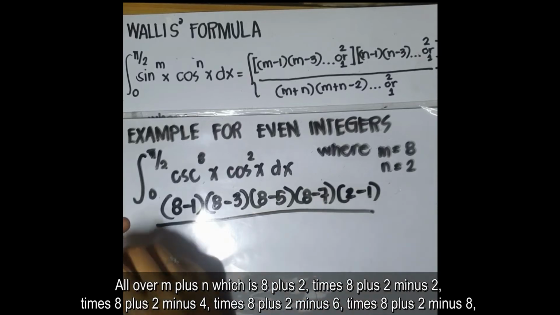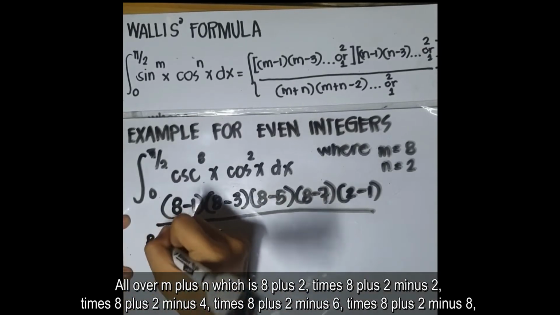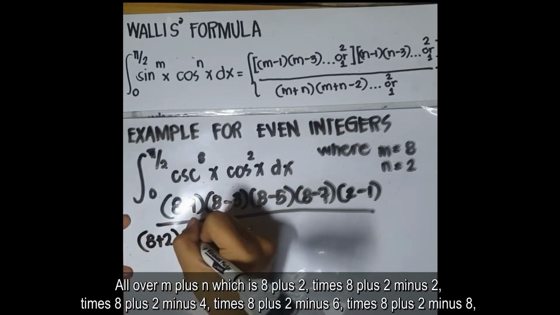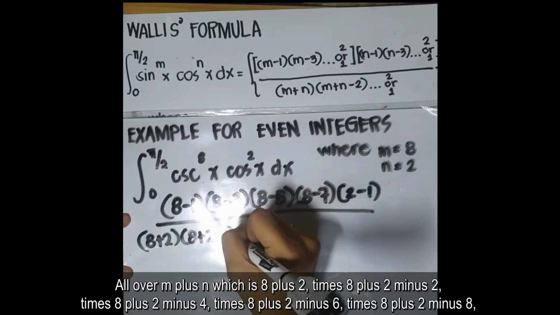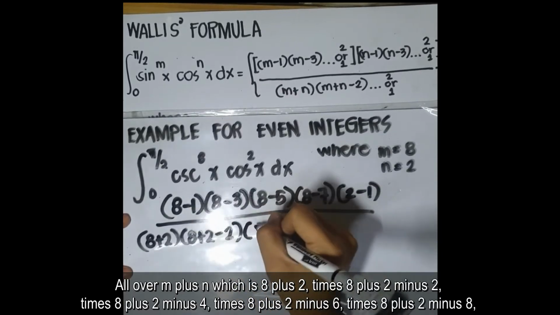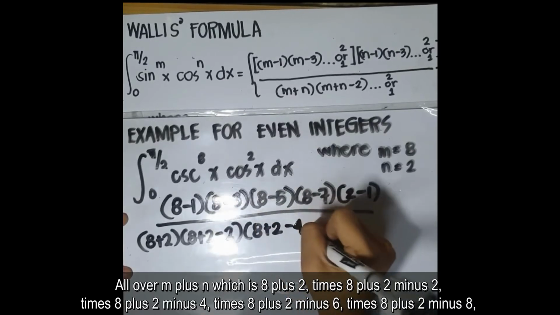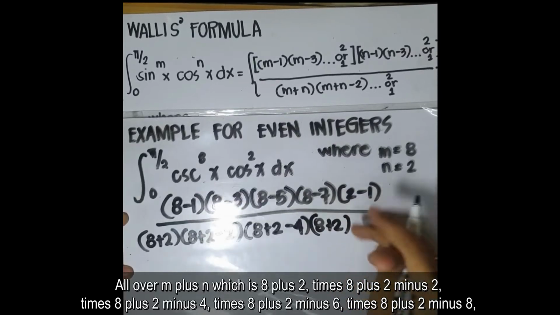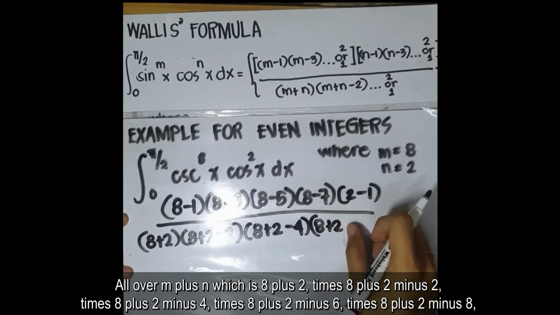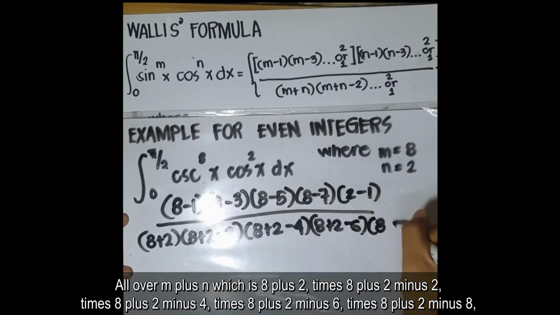All over m plus n, which is 8 plus 2, times 8 plus 2 minus 2, and multiply by 8 plus 2 minus 4, 8 plus 2 minus 6, and 8 plus 2 minus 8.